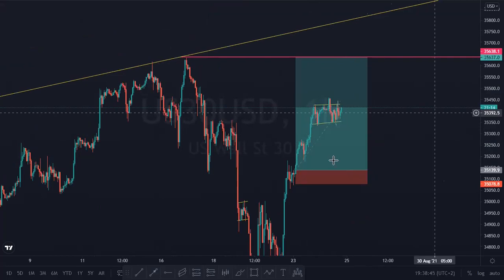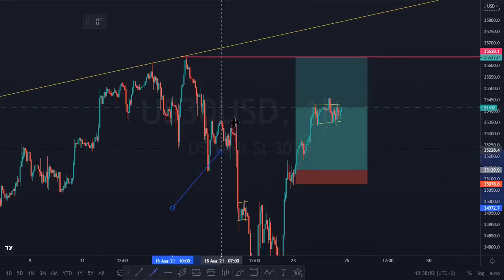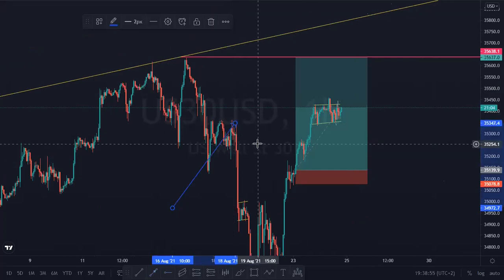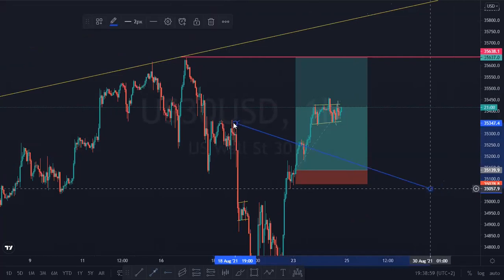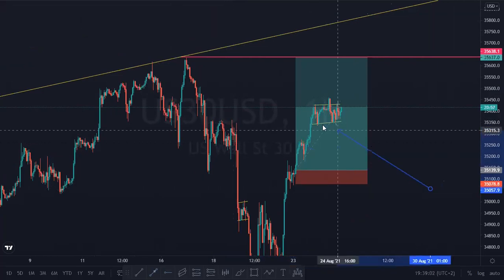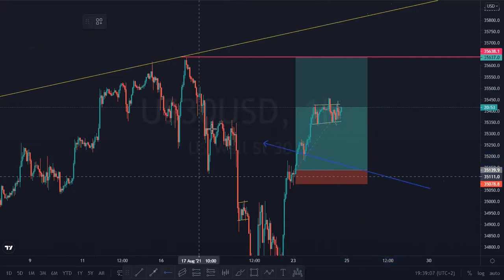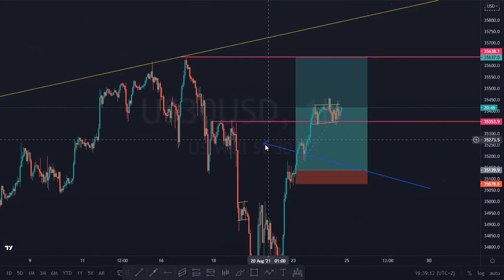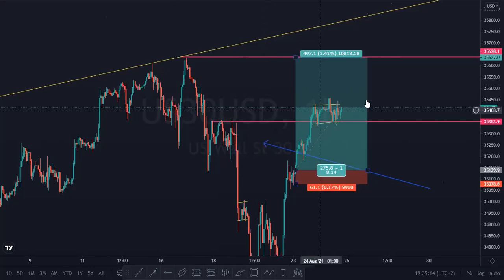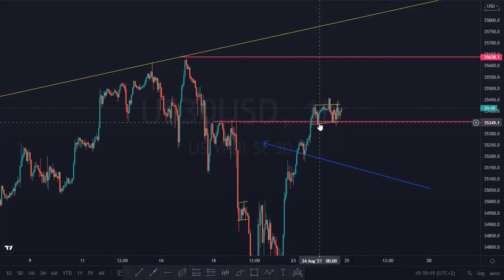But if I'm trading the zones, I'm going to be worried about this zone here, what the market will do when it gets here. It's going to be an area of struggle, because if you look here, the market struggled a little bit. In fact, it didn't struggle, because this was my zone. I marked this zone as my first stop loss. The market pushed above and came back and retested, guys.